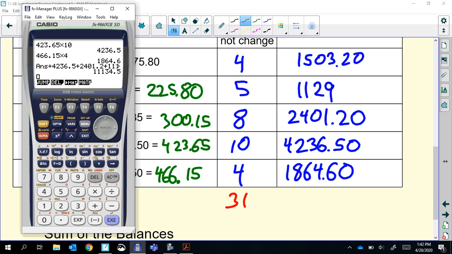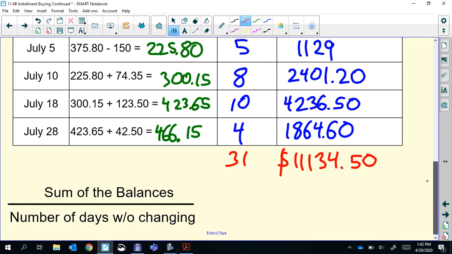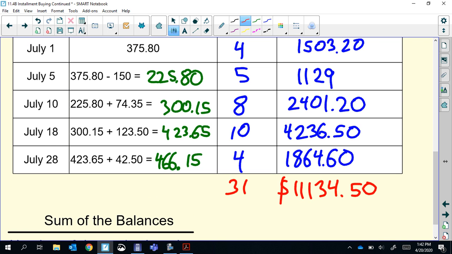So we add up all of that, we get 111.3450. So that's the total balance of all the days added up.